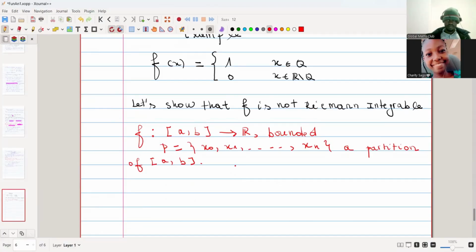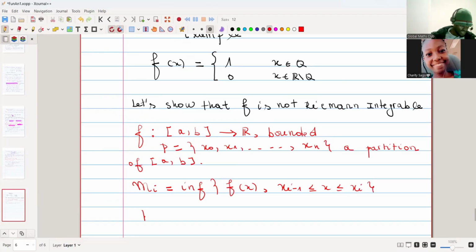Now I'm going to define two concepts: the concept of lower double sum and upper double sum. Also, I'm going to define mi, which is the infimum of f of x with x between x(i-1) and xi.